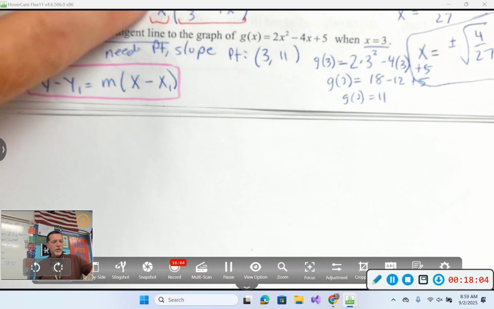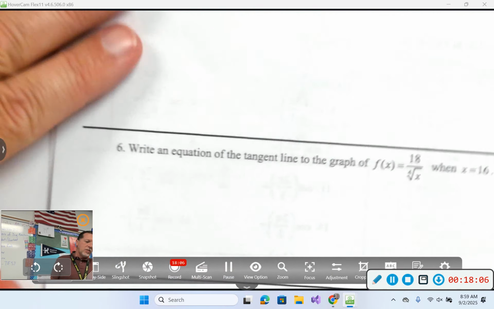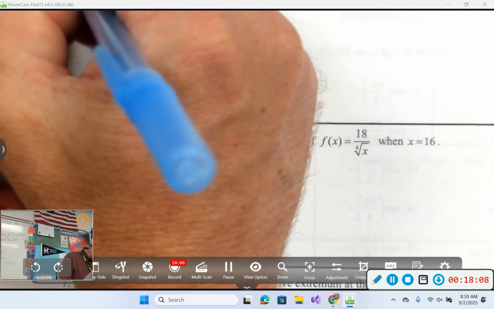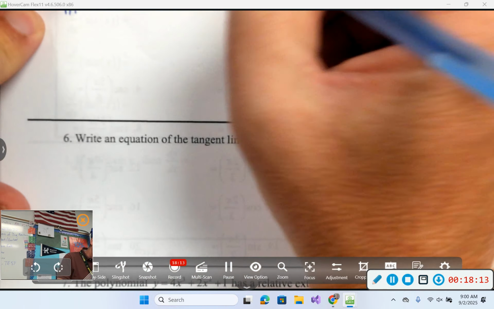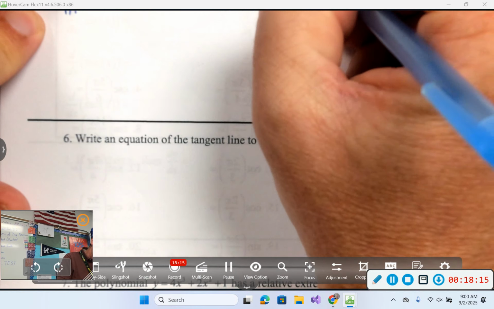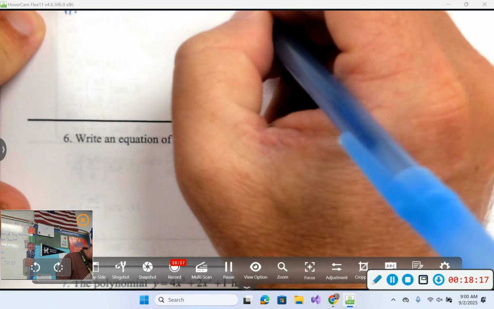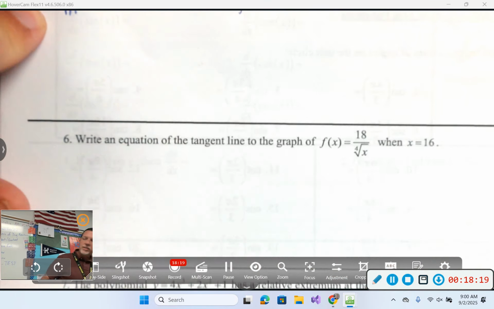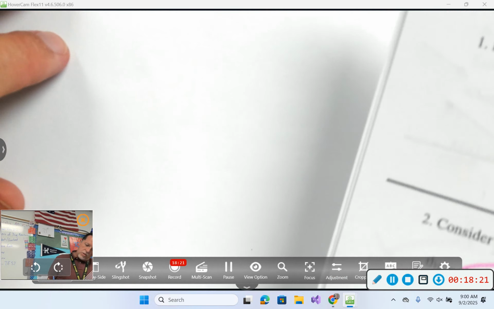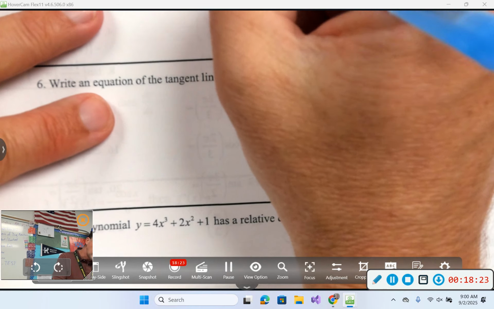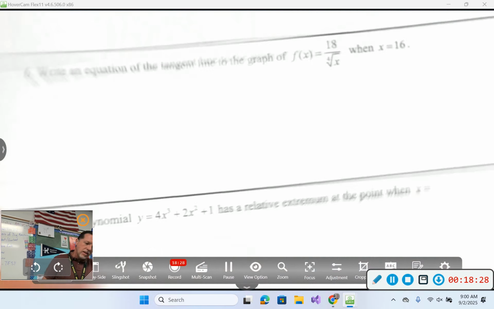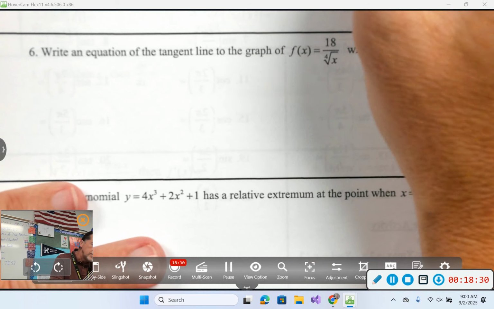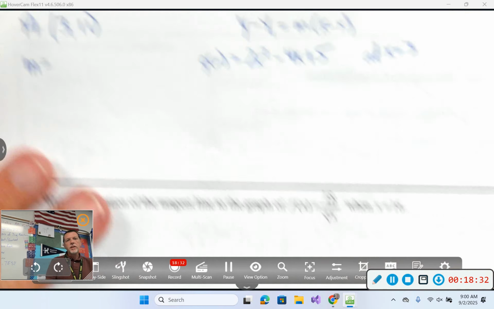Okay, and now I am going to flip over and use the rest of this space on this page. And I'm just rewriting some of this. 2x squared minus 4x plus 5, and x equals 3.